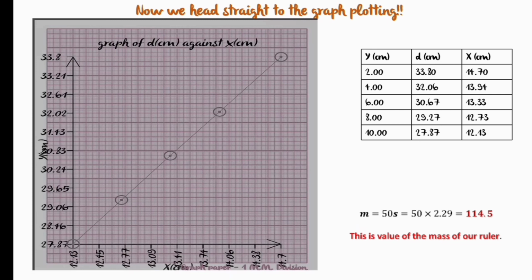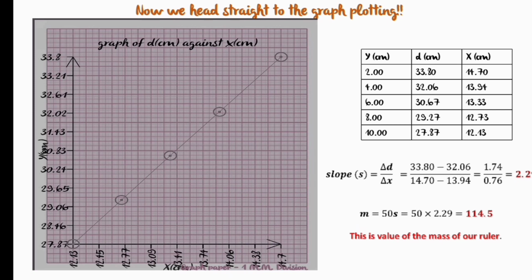The next thing that follows is the scale of the graph. The scale is not shown here, but I believe you know how to take your scales. Then you plot the points. As you can see, these points give us a perfect straight line graph. So that is how your own graph should look.